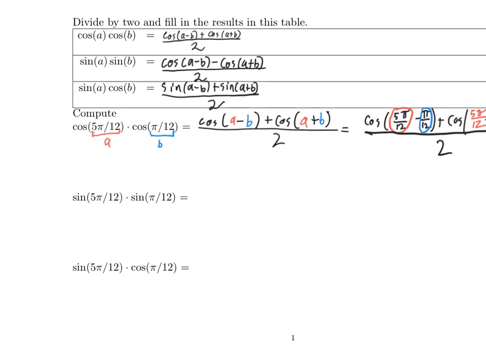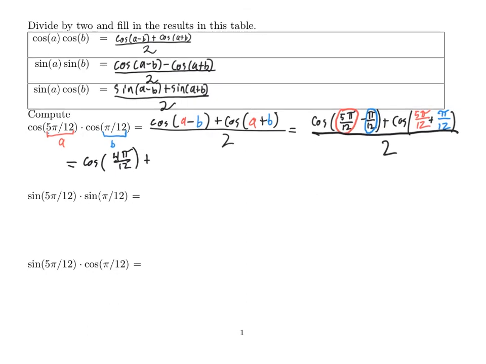And the punchline's about to come, because let's look at what's in each of those parentheses. The cosine of 5 pi over 12 minus pi over 12 is 4 pi over 12. So this difference became that. Plus 5 pi over 12 plus pi over 12 is 6 pi over 12, all that over 2.